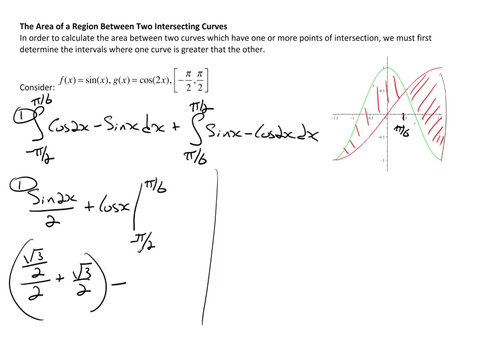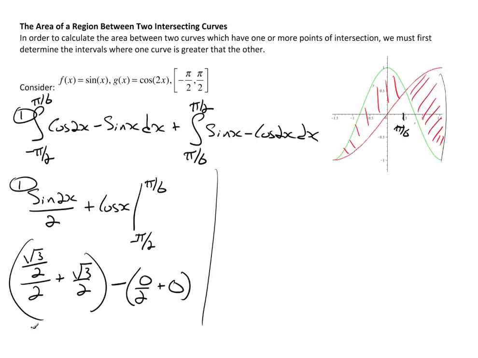Minus, now I need to evaluate both of these at negative pi over 2. Well, the 2's cancel, I have negative pi. Sine of negative pi is 0. And at cosine of negative pi over 2, cosine is also 0. So this is just 0.